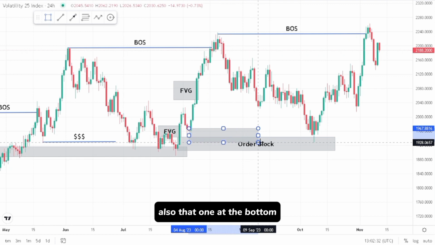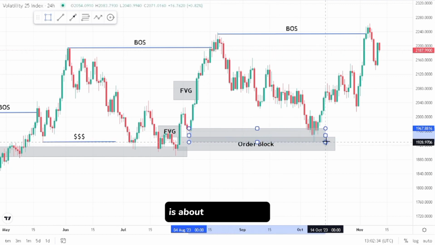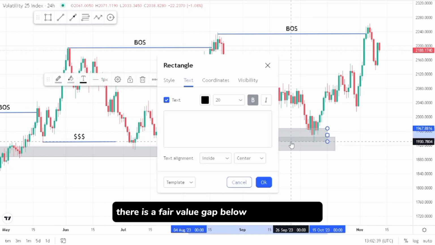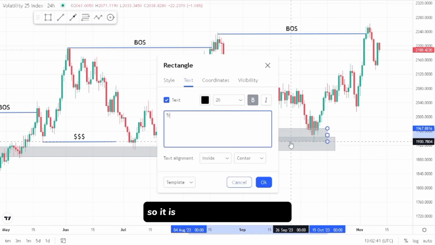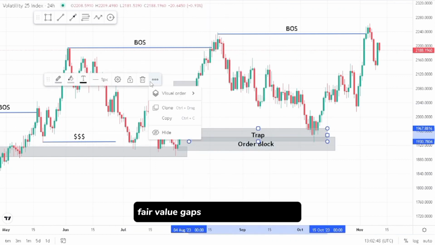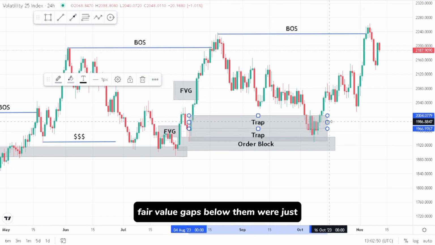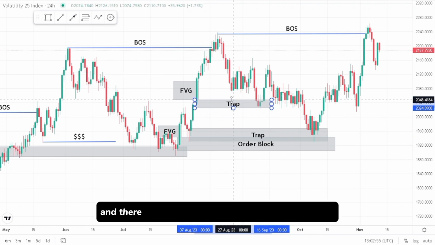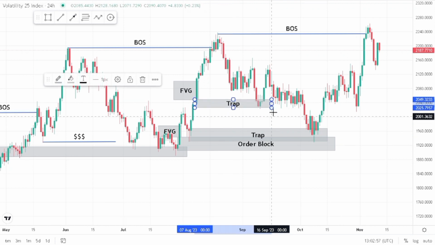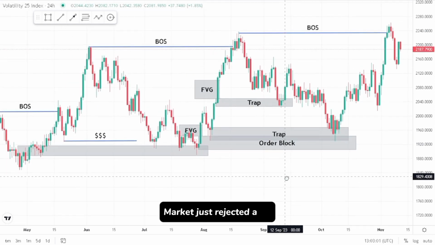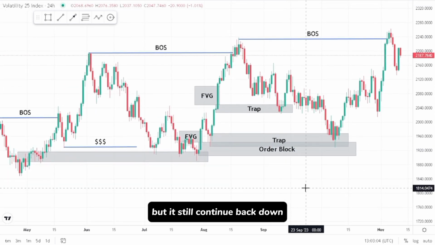Also that one at the bottom, those are both traps because there is a fair value gap below that order block, so it is too risky to enter. And both of those order blocks with fair value gaps below them were just cut through. And there, that was the block I was talking of in the beginning. The market just reacted a bit, but still it continued back down.